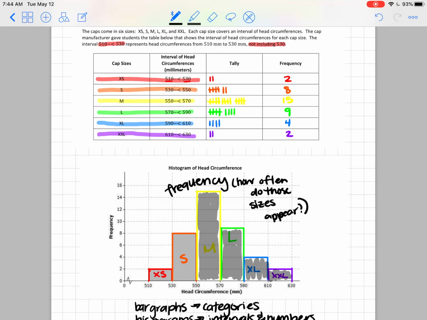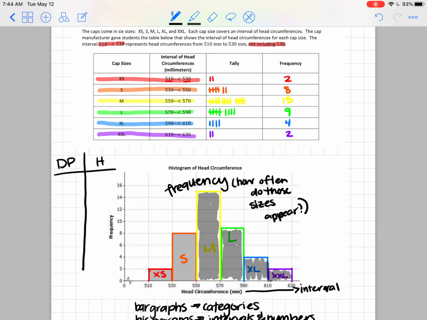Now, histograms and dot plots are very, very similar, where the points that go up represent the frequency and the x-axis represents a number line of some sort. Okay? So let's talk about some situations where you would use dot plots versus histograms.